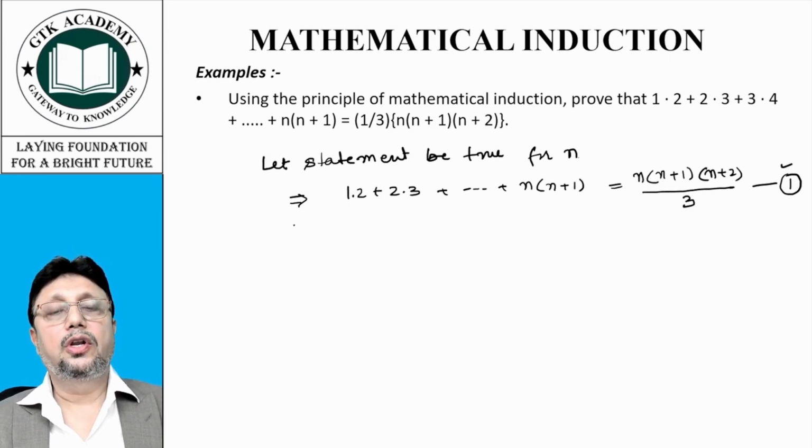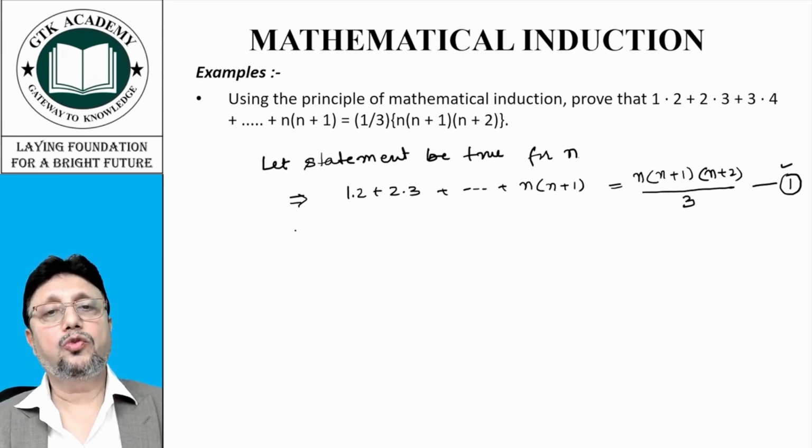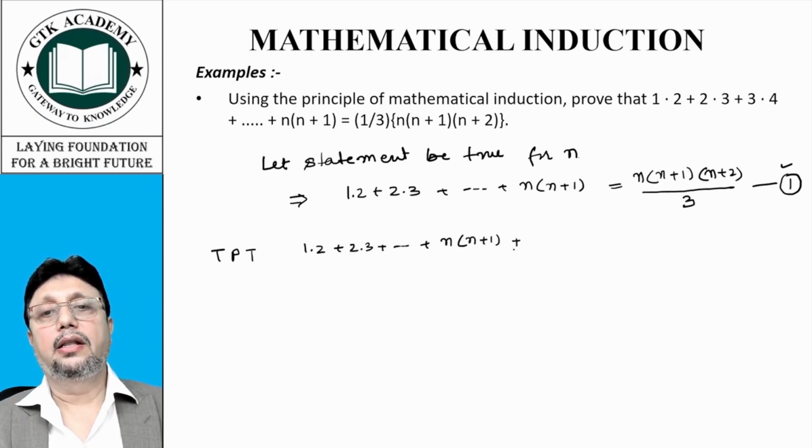So we have assumed. Now we have to prove that this is true for n plus 1 also. That means to prove that 1 into 2 plus 2 into 3 plus and so on plus n into n plus 1, and the other term will be, you will have n plus 1 in place of n.